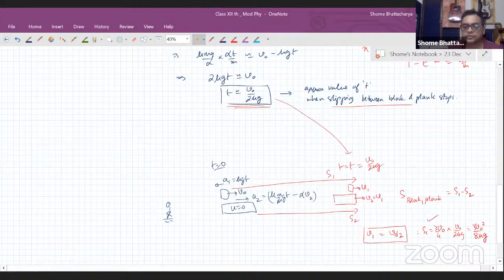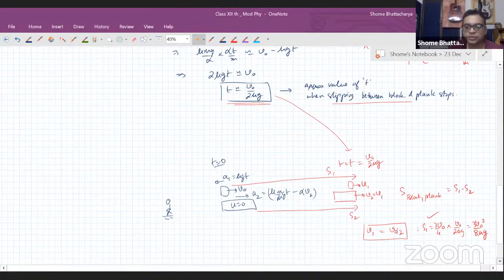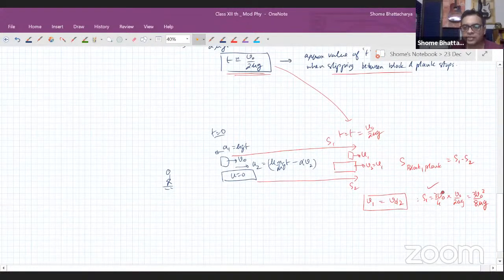This should be S1. You can also check it by the ut minus half at square method. But what I've done is just taken the average of v0 and v1, because it's a uniform deceleration, so we can just use average velocity. So v0 and v0 by 2's average is 3 v0 by 4, multiplied with the time. That should give you the displacement.